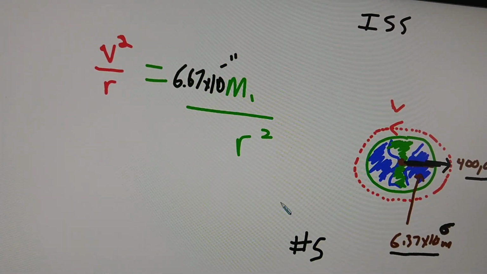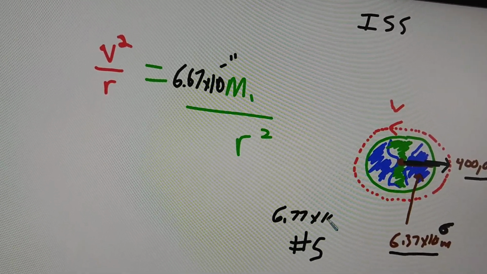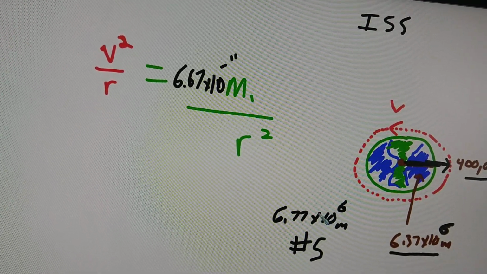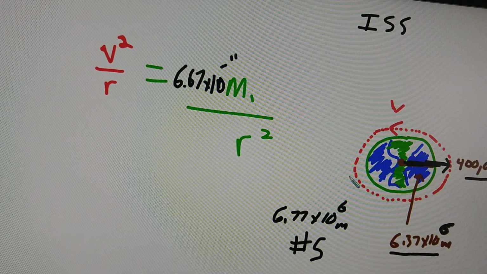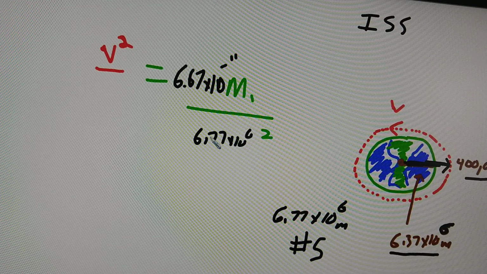Well, the answer is 6.77 times 10 to the 6th meters. Okay? That is the radius of orbit for the International Space Station. So we're going to put that number here for the radius, 6.77 times 10 to the 6th.